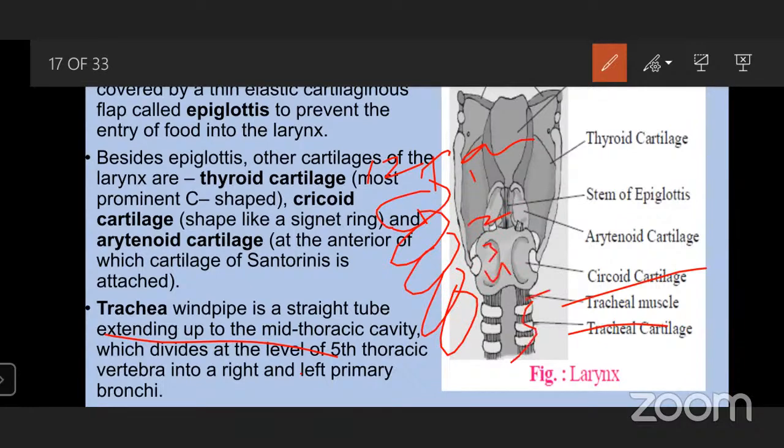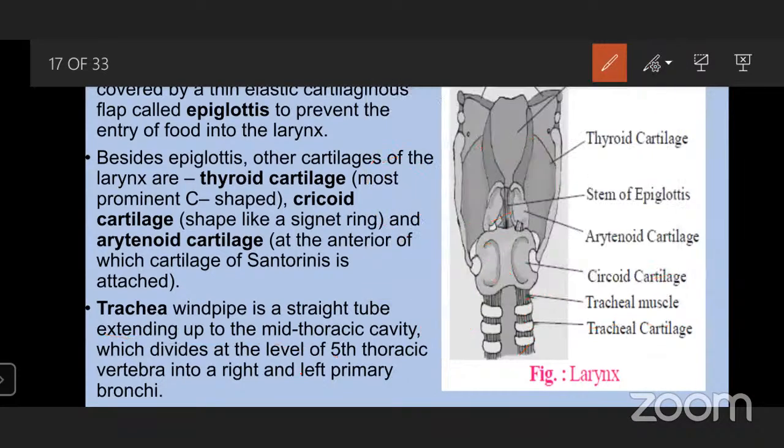The trachea is a windpipe that extends up to the mid thoracic cavity, which divides at the level of the fifth thoracic vertebrae, which is present on the dorsal side.